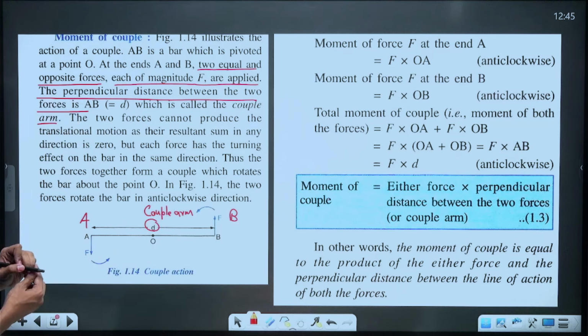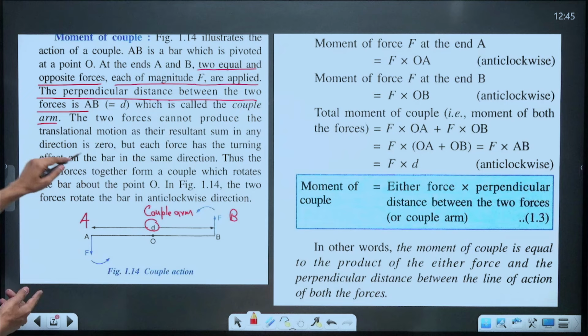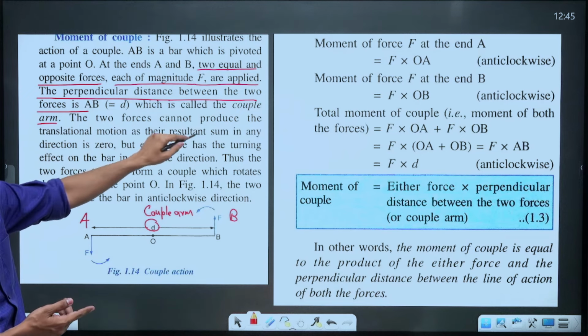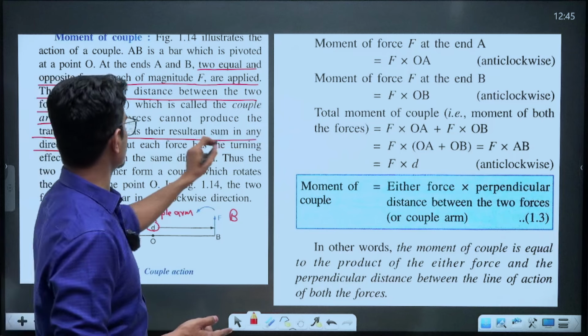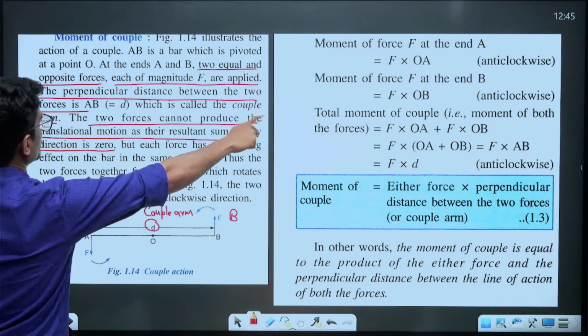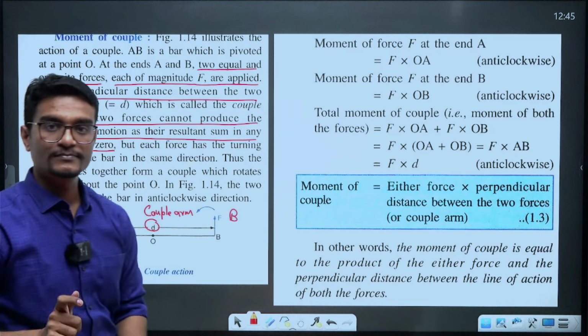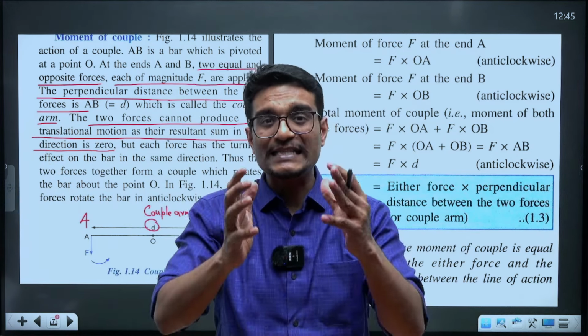Okay. So what we can do is, then two forces cannot produce the translational motion as their resultant sum in any direction is 0. The two forces cannot produce the translation motion.